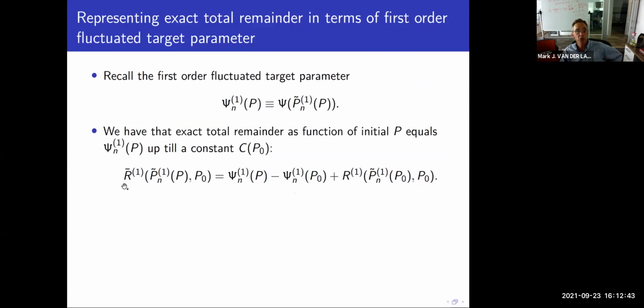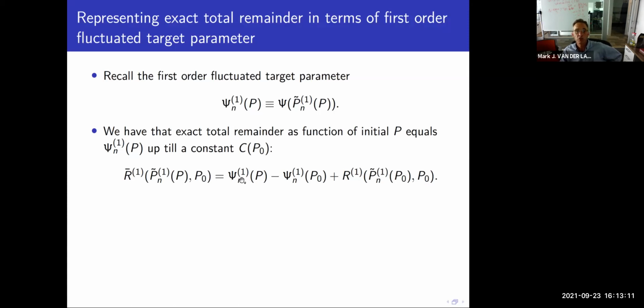And also what you can see here is that this total remainder I just defined can be expressed in terms of that fluctuation parameter we were targeting. So it can be expressed in terms of this minus that plus that. So now you see that this exact remainder, which we'd really like to choose the initial estimator to minimize, is precisely, up to a constant, because this is all P0, our fluctuation parameter, the one we were targeting.